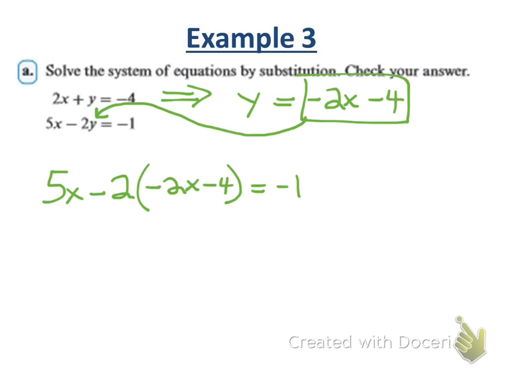So I'm going to do this quickly, I'm going to skip some steps. 9x plus 8 equals negative 1. And solving that for x is going to give us x equals negative 1.